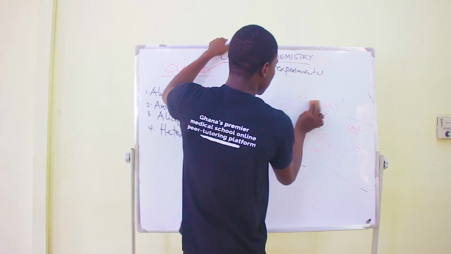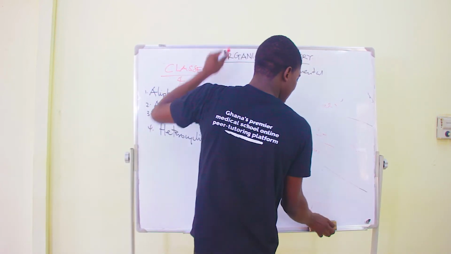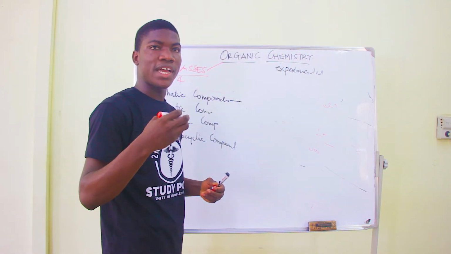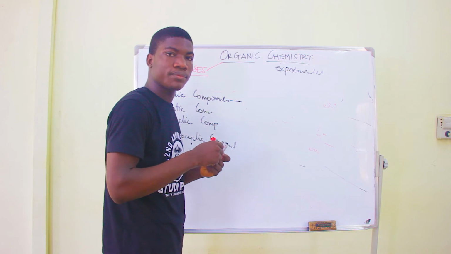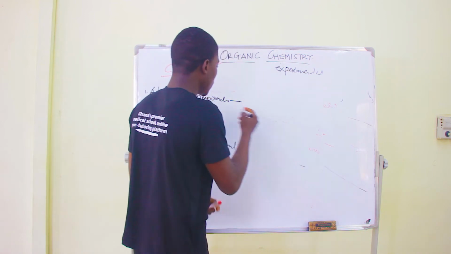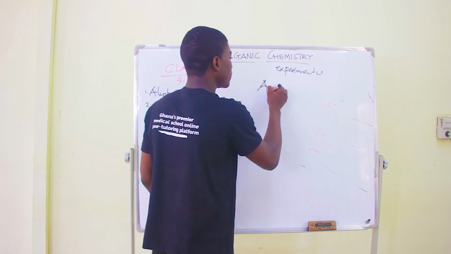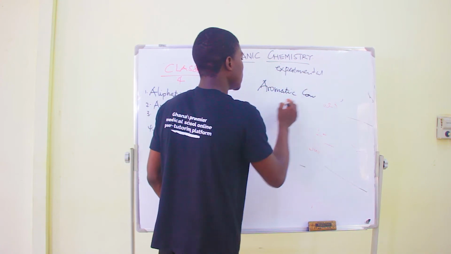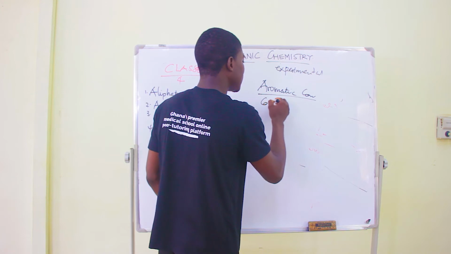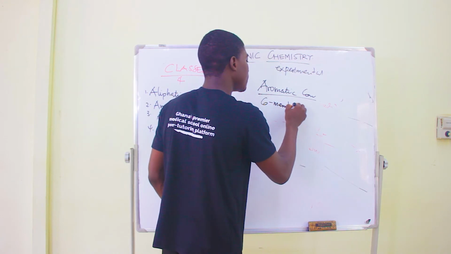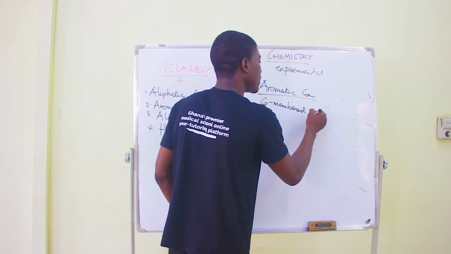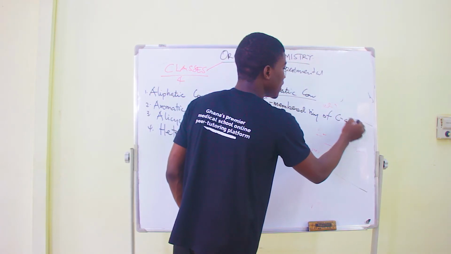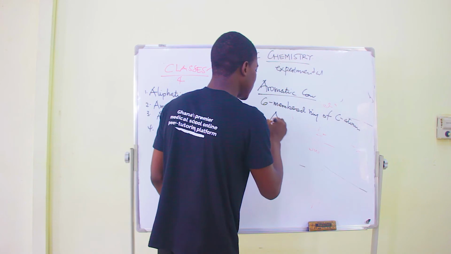Now we move to another class, which is aromatic compounds. These are compounds that are recognized by a 6-membered ring of carbon atoms, and this ring is actually the benzene ring.